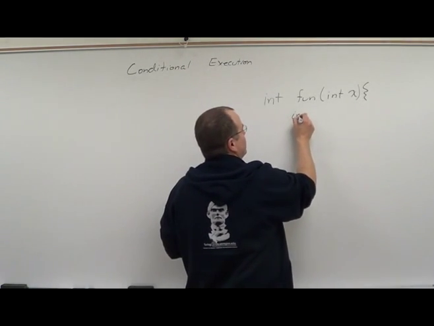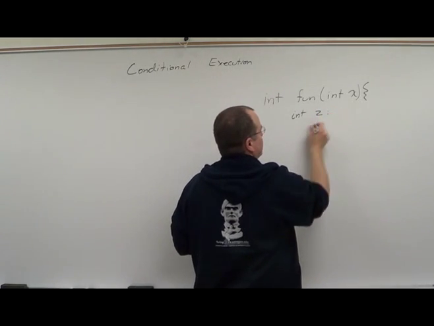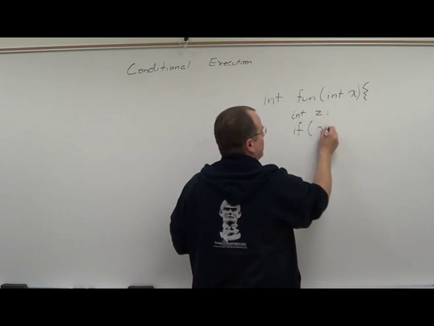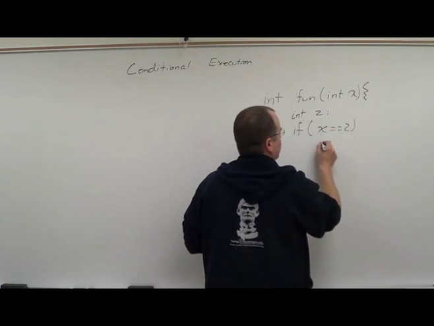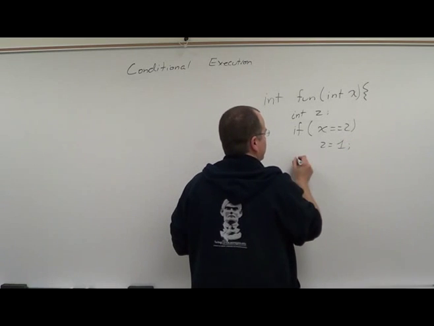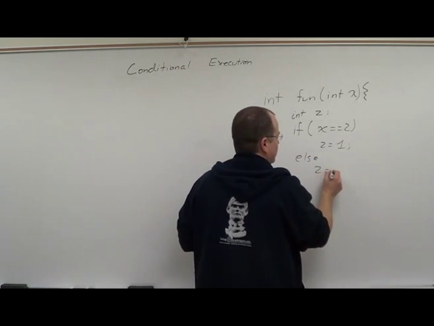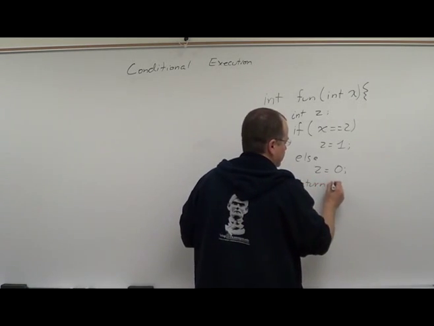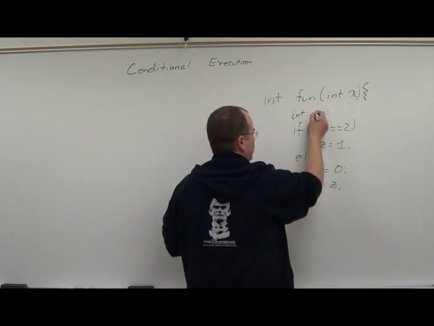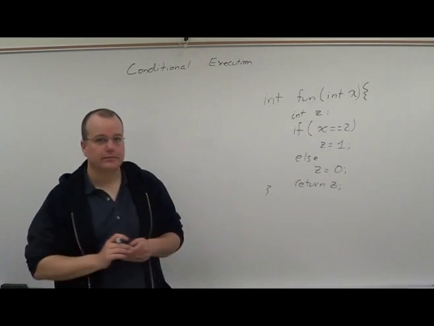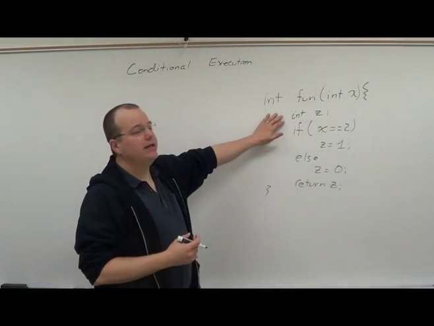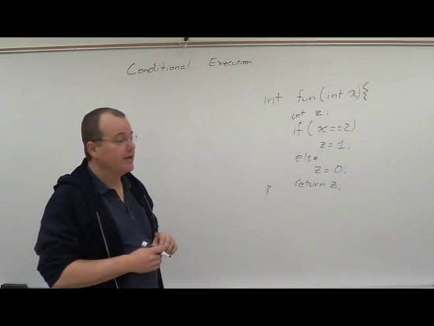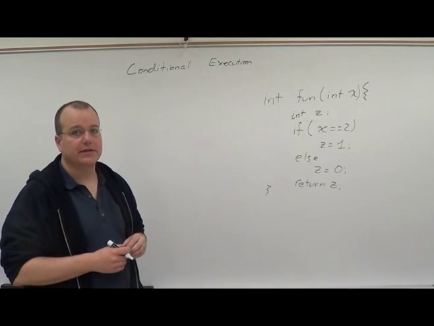So we're going to have an int z. Okay, do we really need the local variable? Probably not. I could have thrown the return statement into both arms of the if statement, but this is going to work for our purposes.